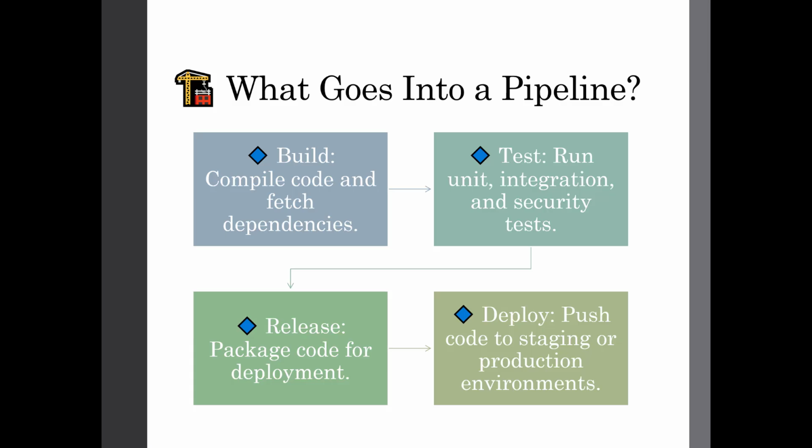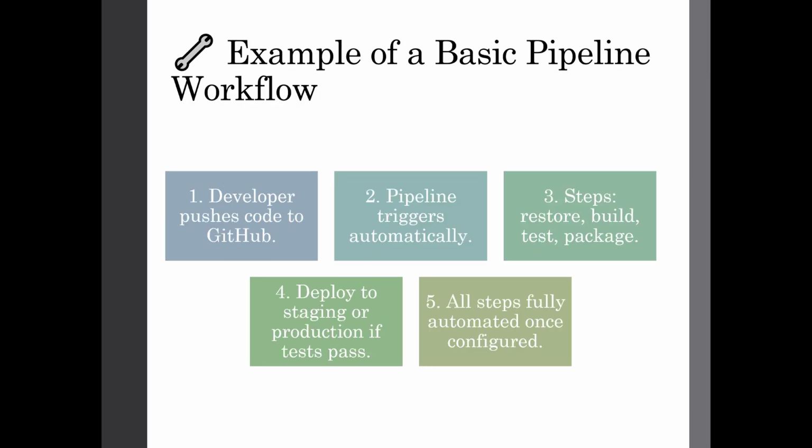We can package code for deployment, and then we move that code and push it to our staging environment or our production environment, depending on what your next steps need to look like. And you can even include things like static code analysis, security scans, custom approval steps, all kinds of things that you build your pipeline for based on your application and your organizational needs. That way it's automated and everyone does the same thing when that action is kicked off.